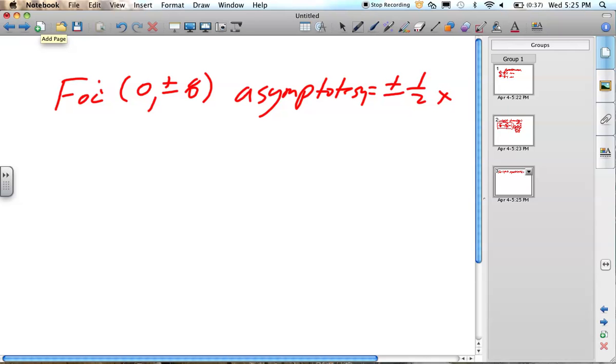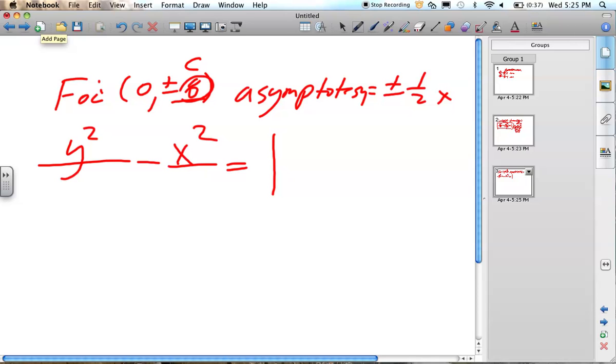All right, now we know this is going to be along y because of this. And this is my c. So I'm going to have y squared over something minus x squared over something equal to 1. So now we need to take care of it. All we've got is c, but you've got a and b, believe it or not, stuck over here.